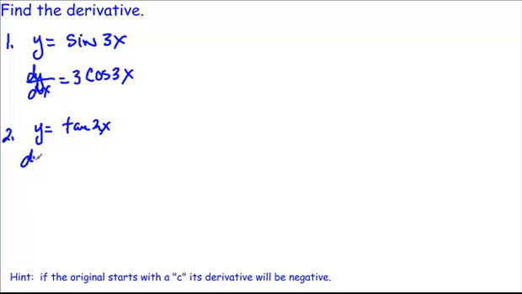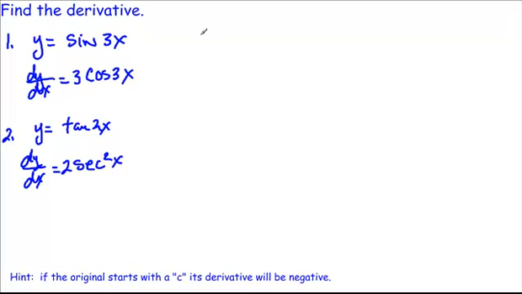Then dy/dx would be equal to, take a look at the list. What is it? That's right, it's 2 secant squared 2x.